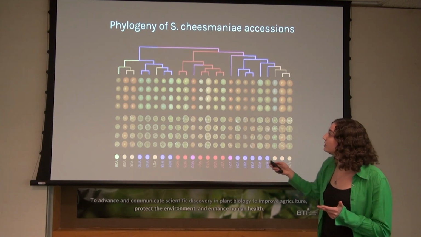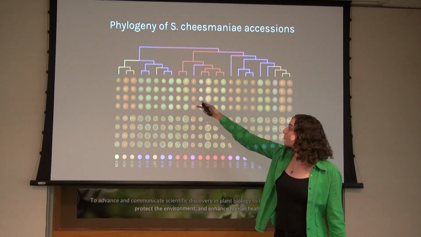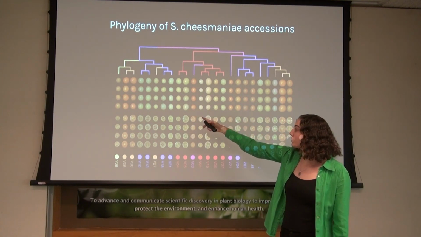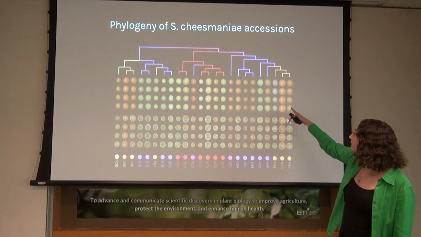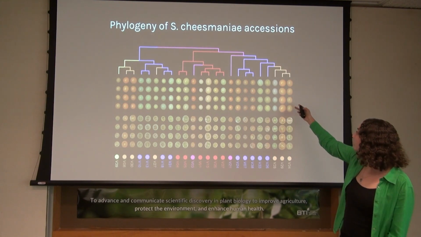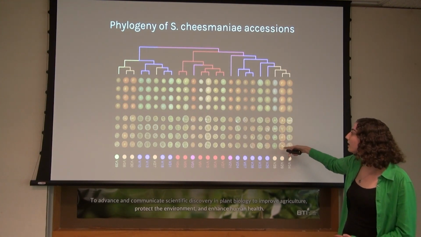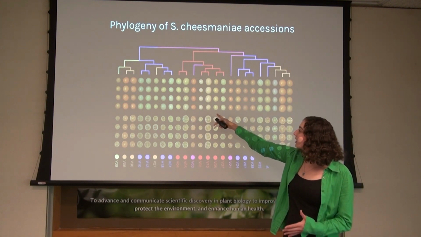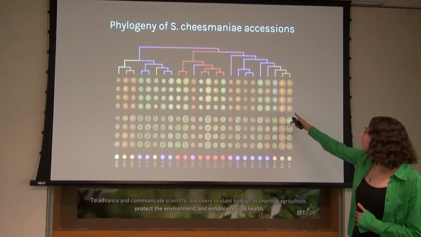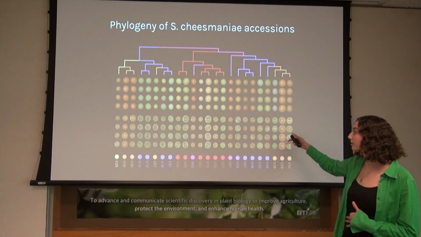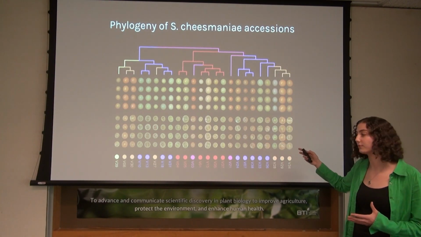So for example, you see that this clade over here from the purple island all tend to stay green when they ripen, while these clades over here tend to be more orange, especially this island over here. There are also some fruit that stay sort of an orange whitish color, and you can see that the size seems to segment as well between the different clades of the tree.